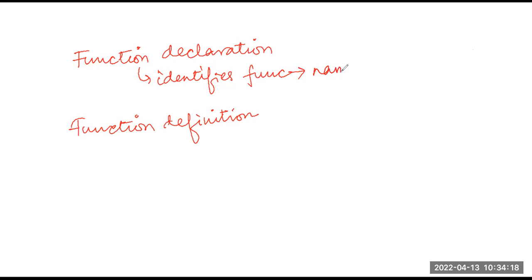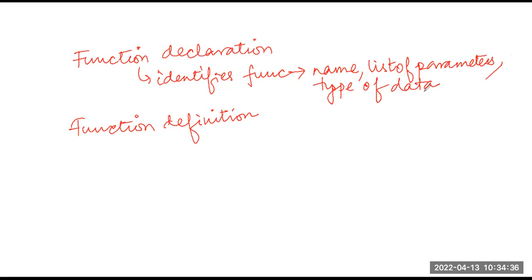The function will have a name. The function will have the list of parameters or the list of arguments that it accepts. It will also have the type of data that it will return. If the function is returning anything, in the declaration part, you need to specify the type of data it returns.